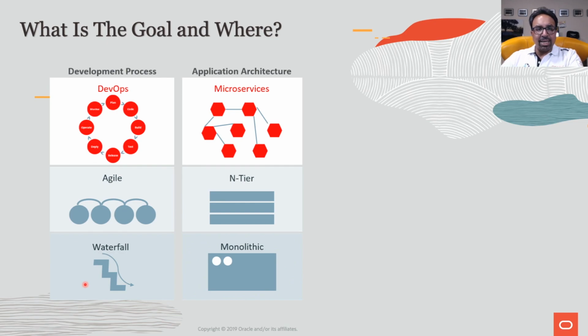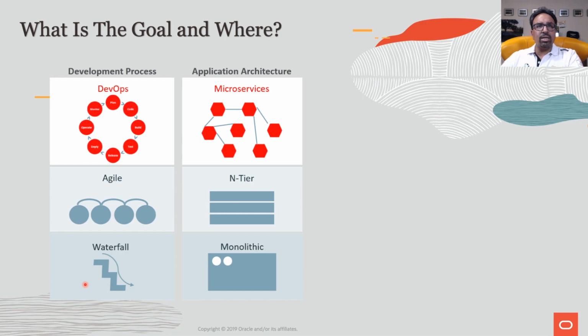Then there's your application architecture itself. When you move to DevOps and cloud native, most customers I speak to assume it means moving your whole infrastructure and your applications to a microservices environment. It's all well and good trying to go for a microservices environment, but is it necessary?